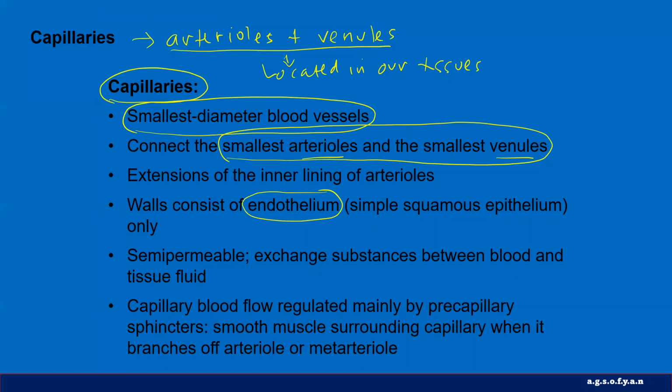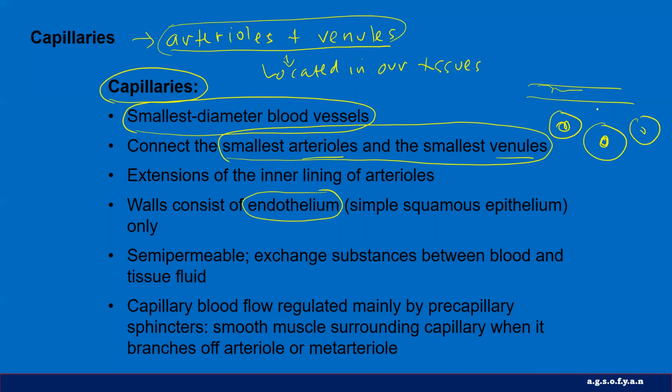So the endothelium is a kind of barrier that separates the blood vessel, the capillaries, from the cell. Let's say this is cells in our tissue, and this is the capillaries. This capillary separates the cell and the blood vessels, which are the arterioles and the venules.